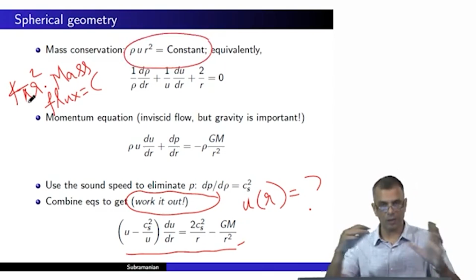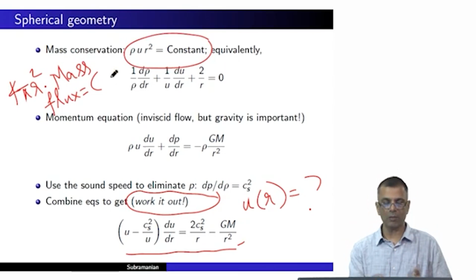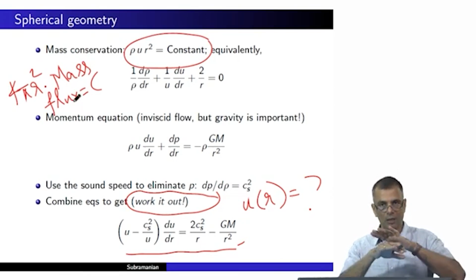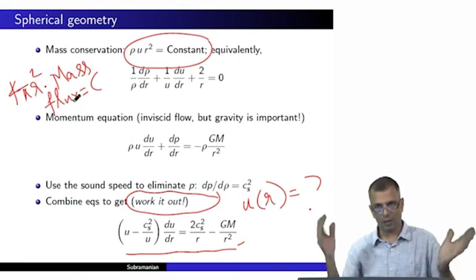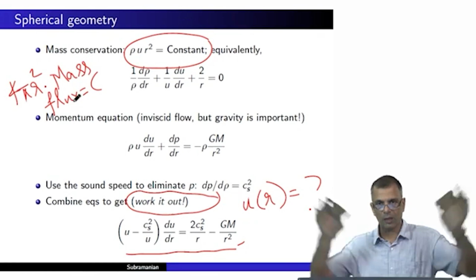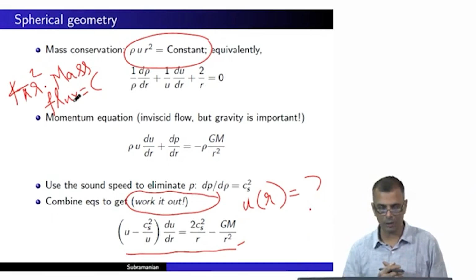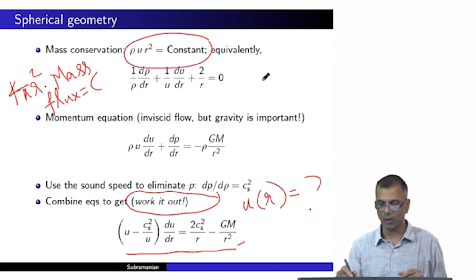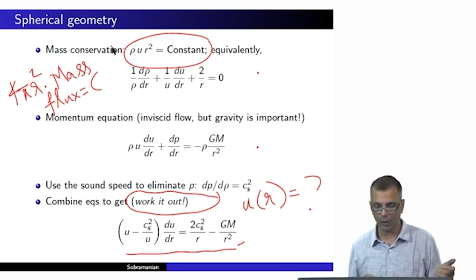And 4 pi r squared is the area of a sphere. You're assuming that the mass flux is distributed symmetrically on the sphere, either outgoing or incoming mass flux. And in the momentum equation, you just have one coordinate r. This is spherically symmetric gravity, so spherical symmetry is invoked in this equation as well as this equation, which is why we have spherical geometry.